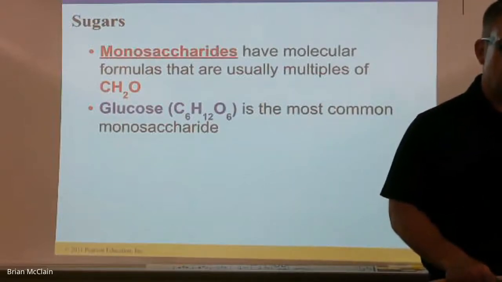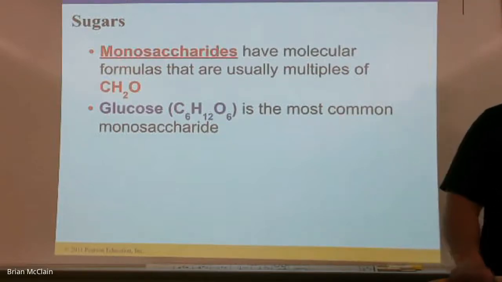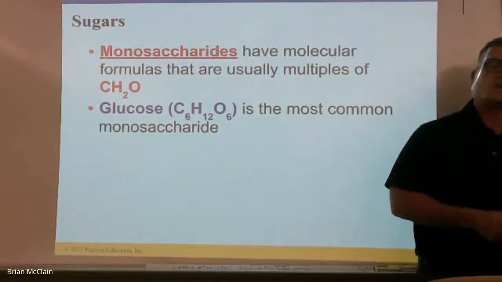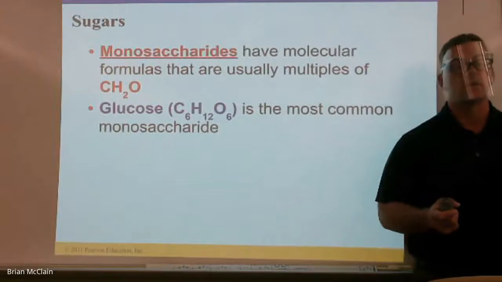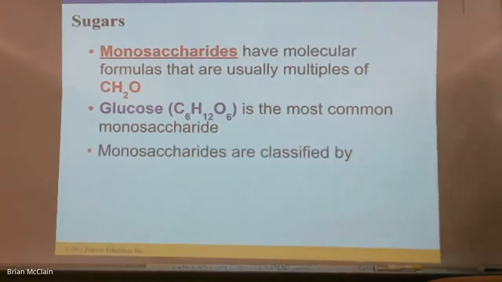But we also know that there are different isomers of C6H12O6. So if you take a look here, we will see that fructose and galactose are also C6H12O6, but they have a different configuration.